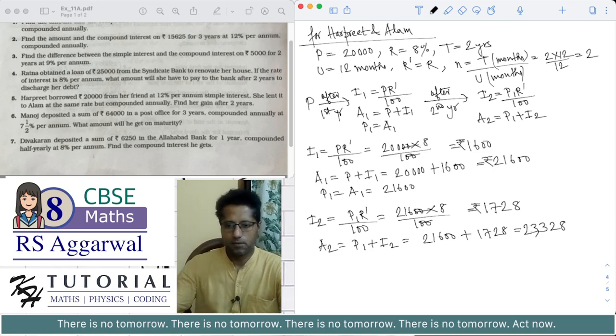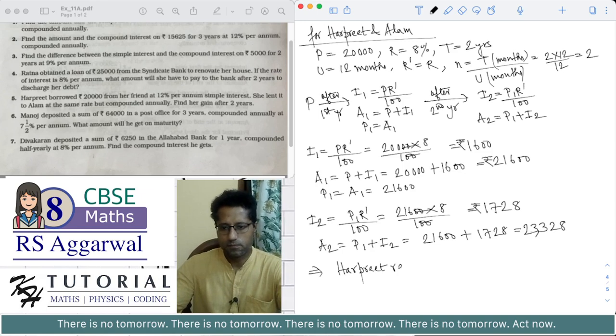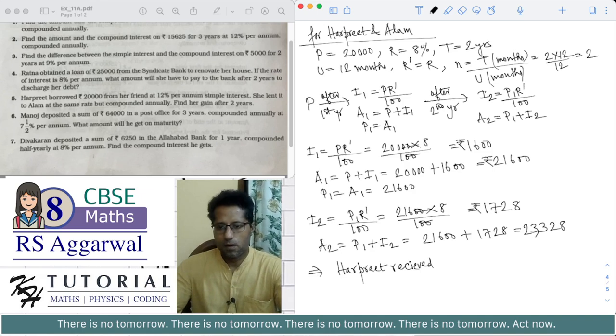So this implies Harpreet received rupees 23,328 from Alam.